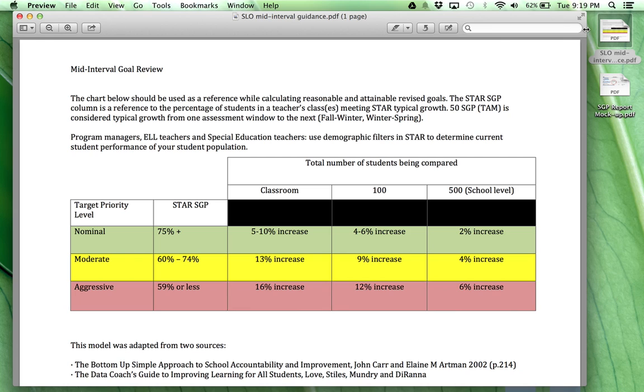And I did want you to know that this just wasn't conjured up out of thin air, that we did actually use and cite a couple of resources and research for setting appropriate academic goals in our classroom.